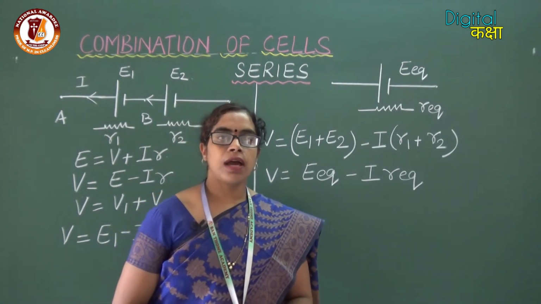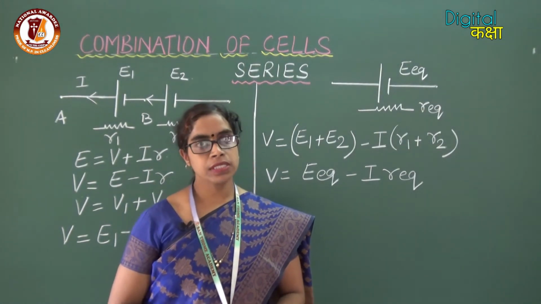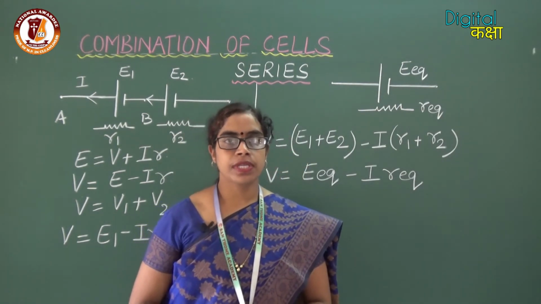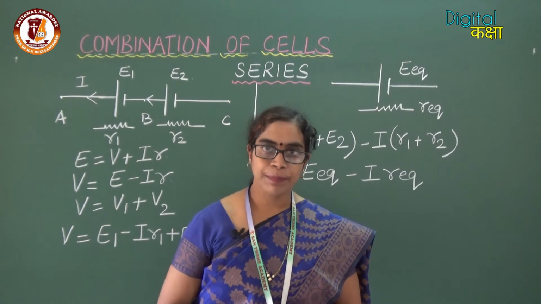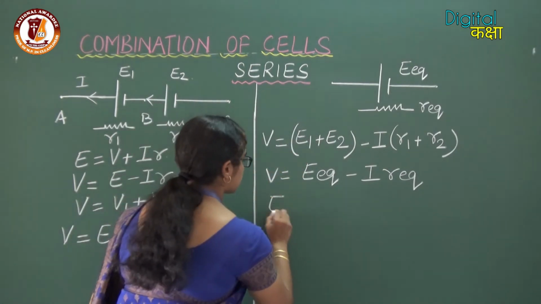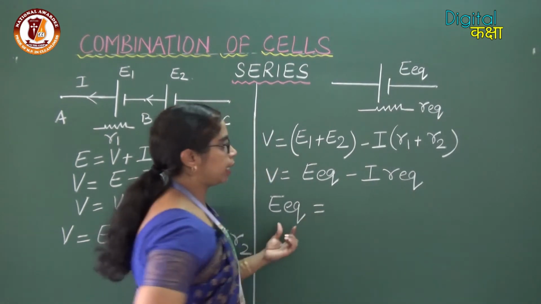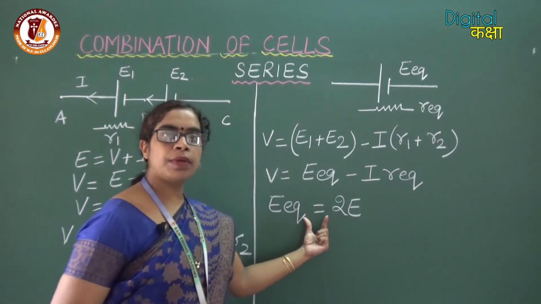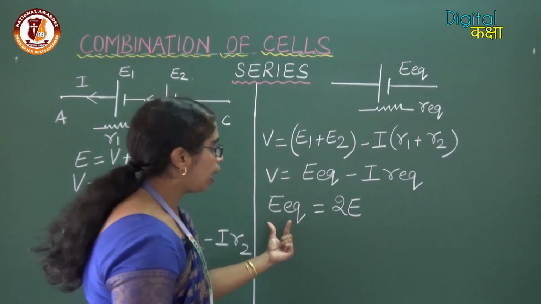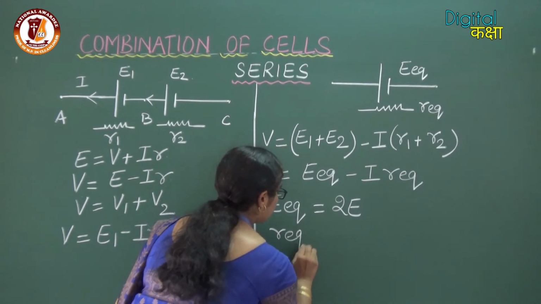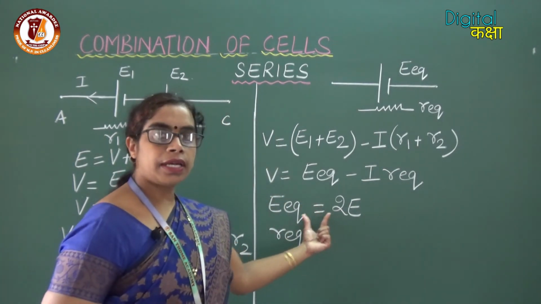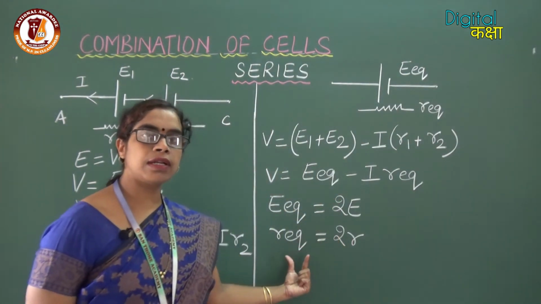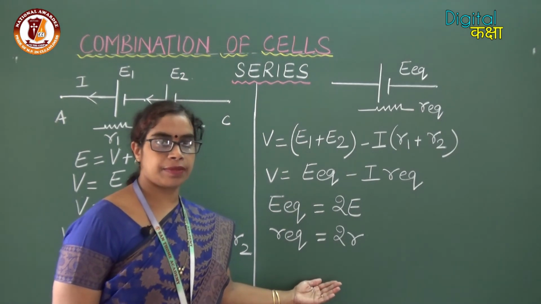When the cells are identical, meaning for the two cells, if they have the same EMF and internal resistance, in that particular case, the value of E equivalent can be obtained as 2 times the EMF of the single cell, and the value of R equivalent can be written as 2 times the value of internal resistance of any cell.